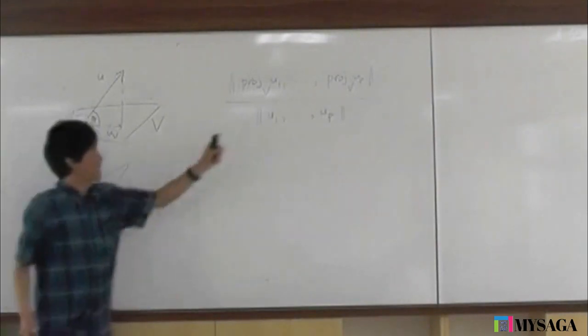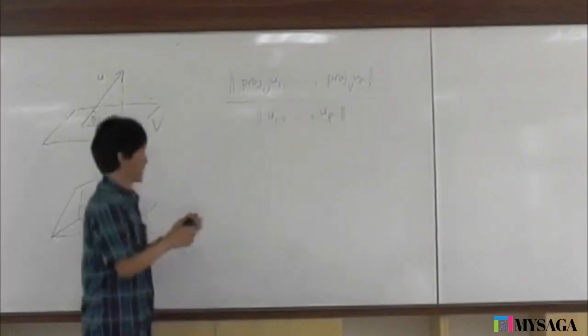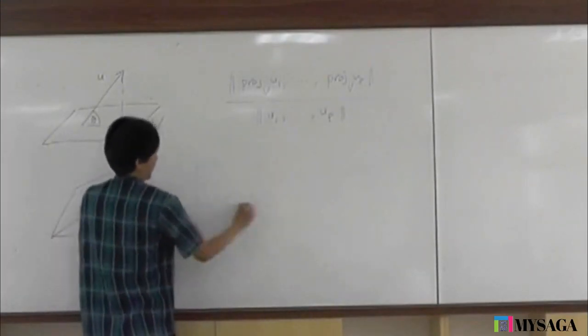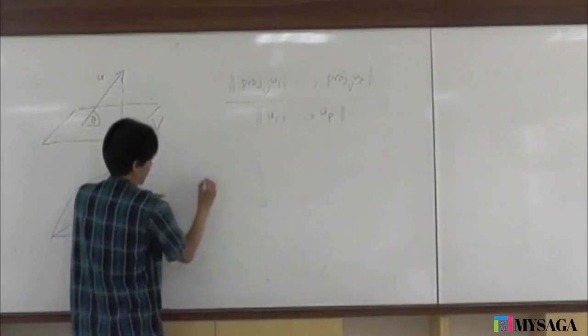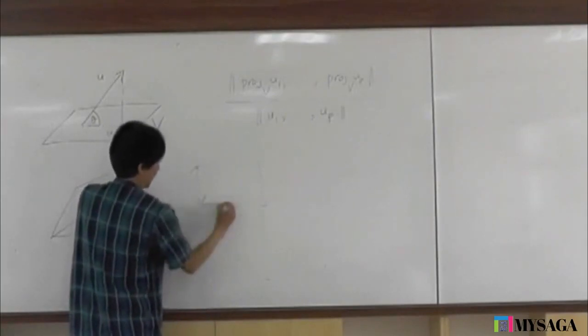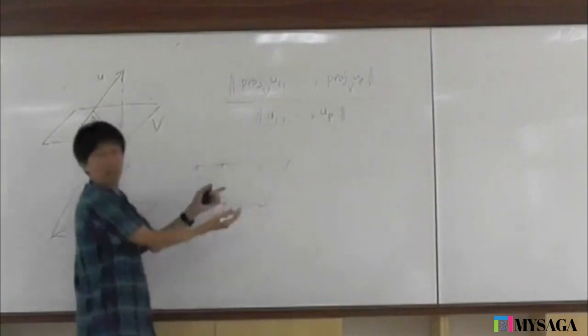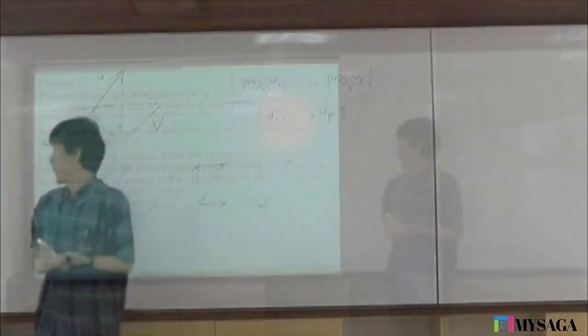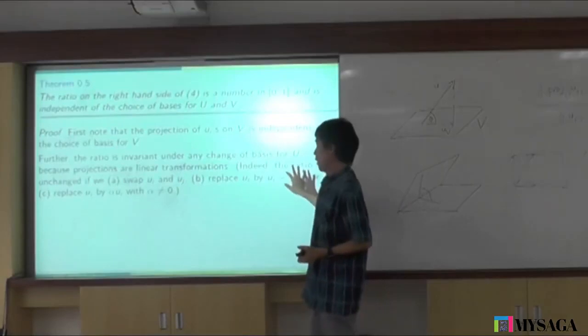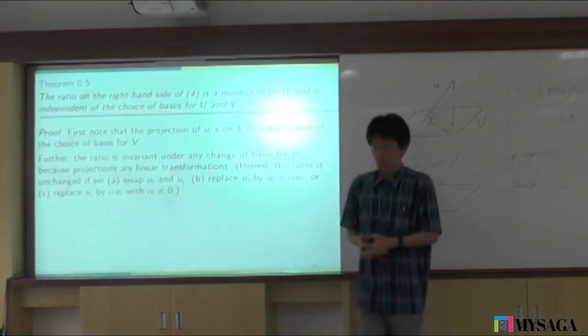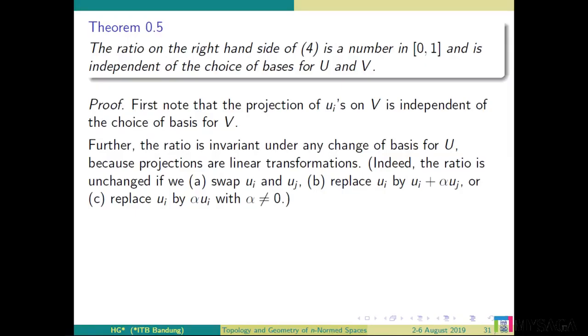This doesn't change the value of the number. That is just like you have a rectangle and then you shift this vector by that amount, you get that vector, but the area of the parallelogram is still the same. Okay? Also if you replace u_i by alpha u_i.